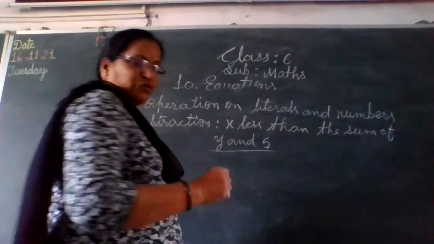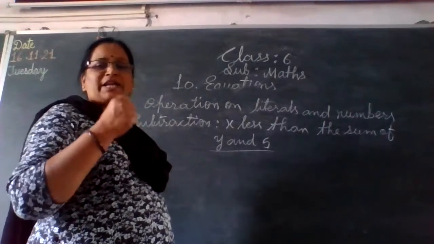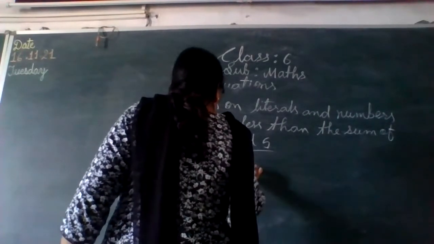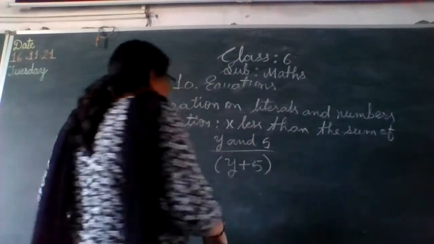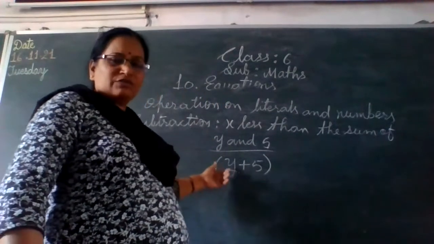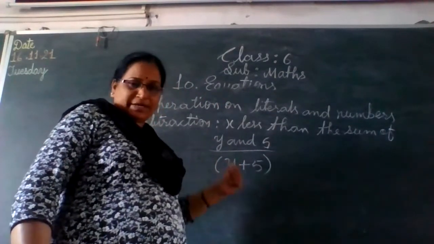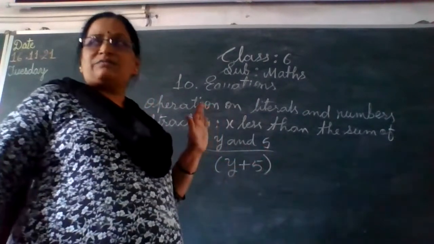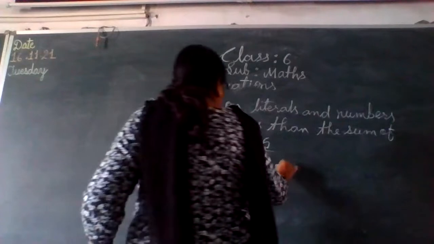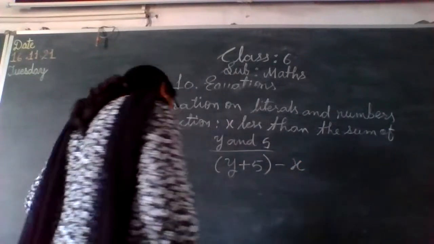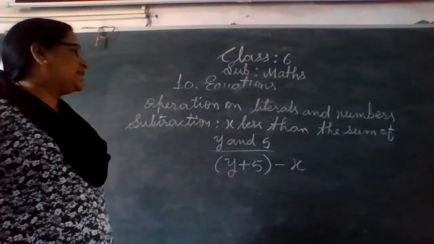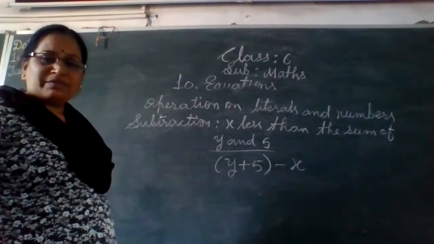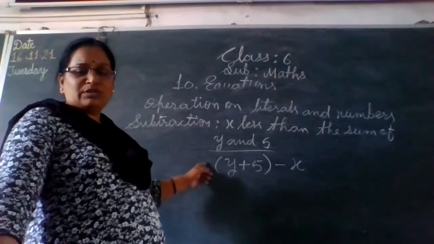So for sum, here we use the sign plus. So Y plus 5. Okay, so we put here the bracket. Why? Because first we will solve this bracket, and whatever the sum, then subtract X from it. So the algebraic expression for X less than the sum of Y and 5 is (Y plus 5) minus X. Now here you have to put the bracket.